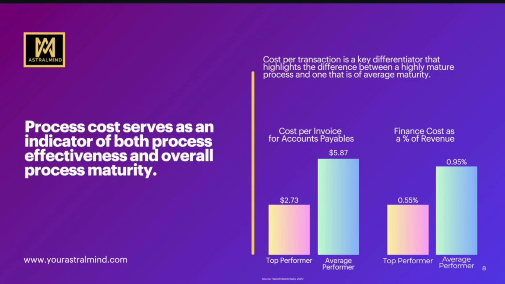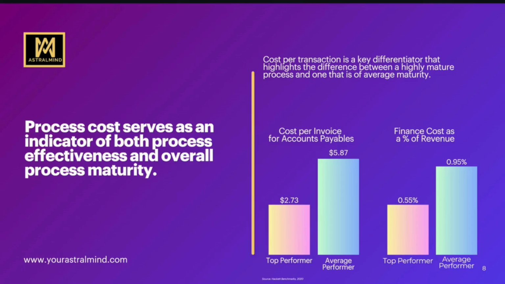Take an example of what it costs a top performing company to process a single invoice compared to an average performer. You can easily see there is a 2x difference. So if you are even higher than an average performer, you are somewhere on the lower edge of the distribution, not a great state.